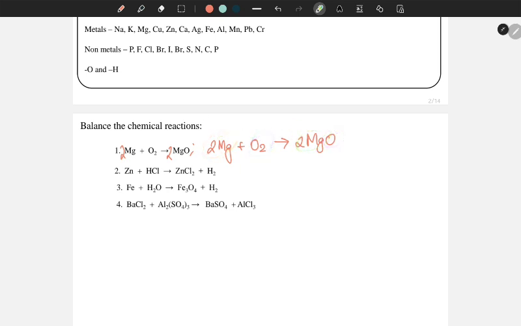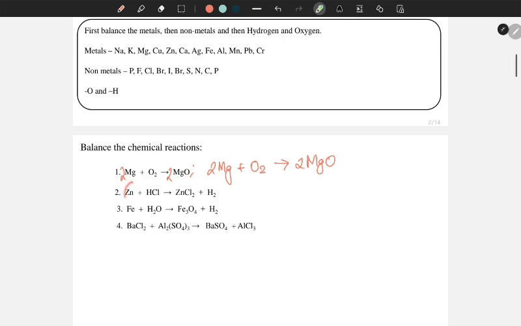Now let's see the second one. Zinc plus HCl gives zinc chloride plus H2. So here zinc is 1. Next, come to the non-metal part. Zinc is the metal, zinc 1. Then come to the non-metal part, that is chlorine. Chlorine here is 2, so we have to add 2 here, then it becomes chlorine 2.